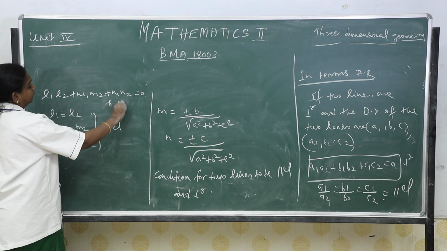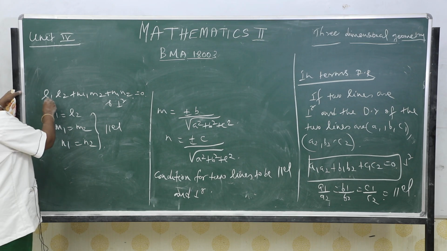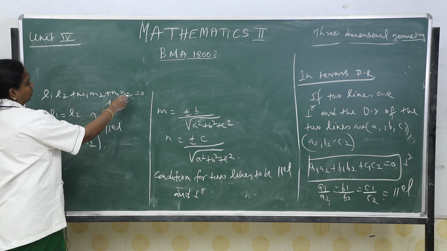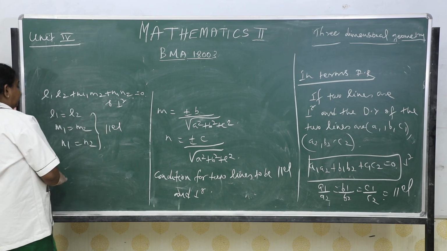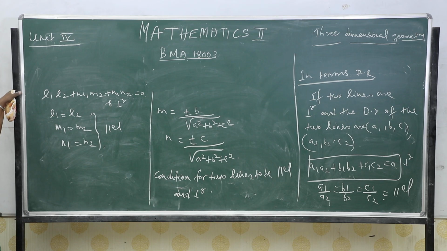Once again, the condition for perpendicularity between two lines is L1 L2 plus M1 M2 plus N1 N2 equal to 0. If L1 equal to L2, M1 equal to M2, N1 equal to N2, that is the direction cosines of the first line are equal to those of the second line, then the lines are said to be parallel.